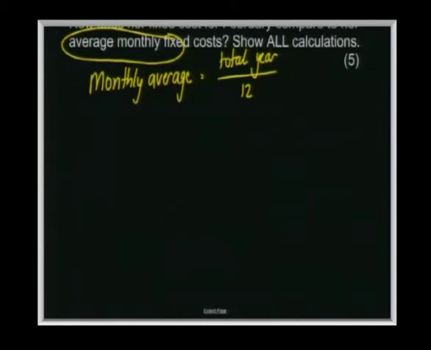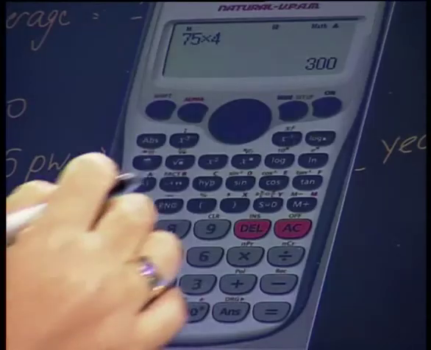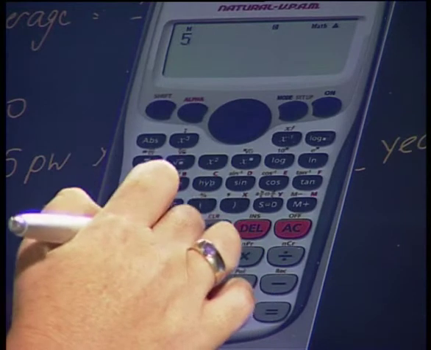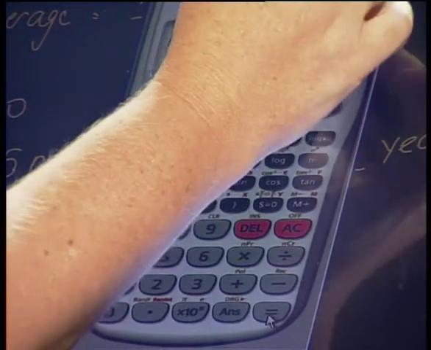We know that the rent for the year is equal to 8,400 rand. And we know that the transport is equal to 75 rand per week. And as there are 52 weeks in a year, I would need to times that by 52 to get the total for the year. So let's do that on our calculator. 75 times 52, that's 3,900 rand.